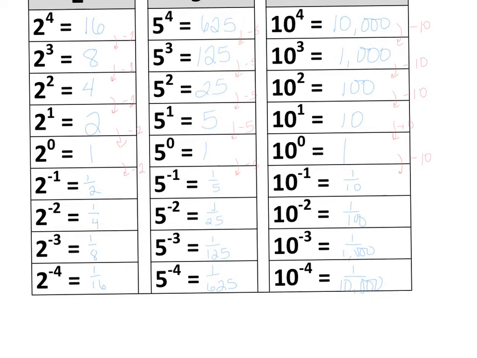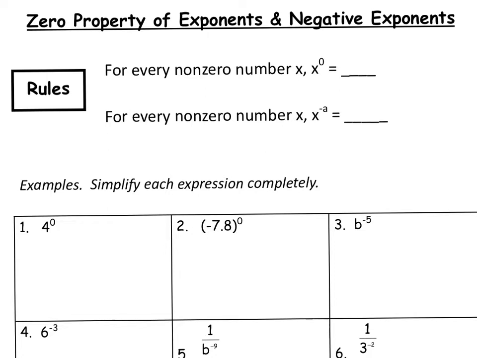expression. Now that you've seen it in chart format, this should hopefully make this part a little bit easier. It says that for every non-zero number x, x to the 0 is always going to be 1. No matter what, anything to the 0 power will be 1 for now and for always. Whenever you have a non-zero number with a negative exponent, it's the same thing as 1 over your base with a positive exponent.